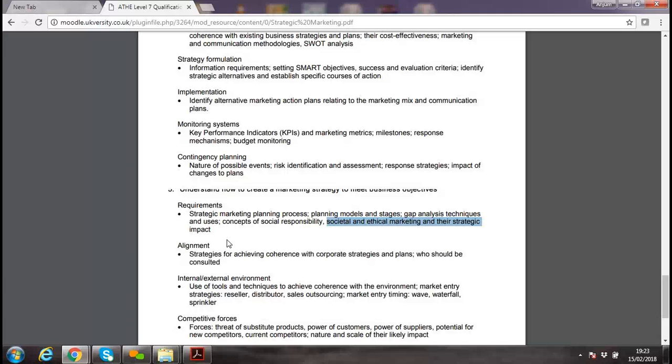So corporate social responsibility means you need to think about what is best for the society, not only what is best for the organization, because of making more profit.